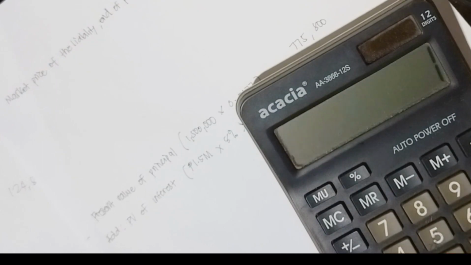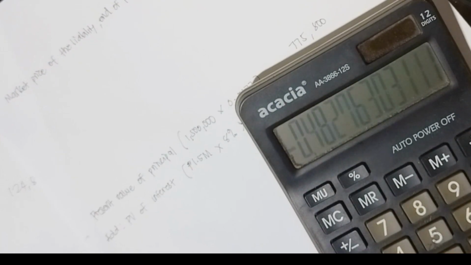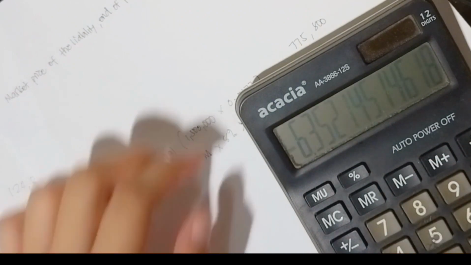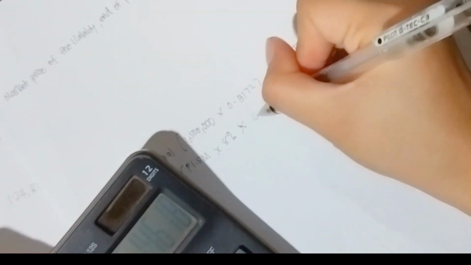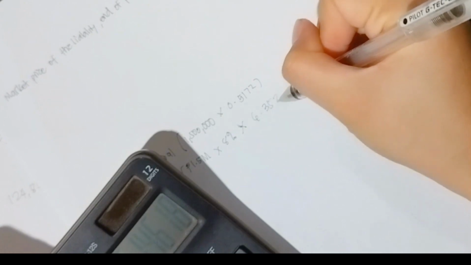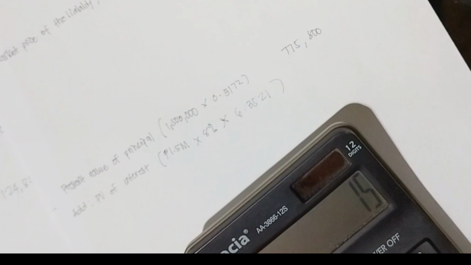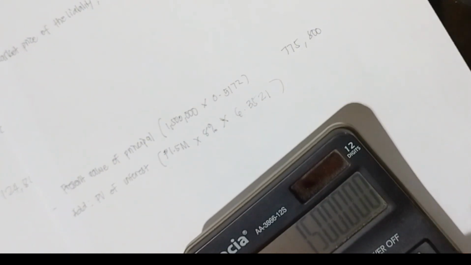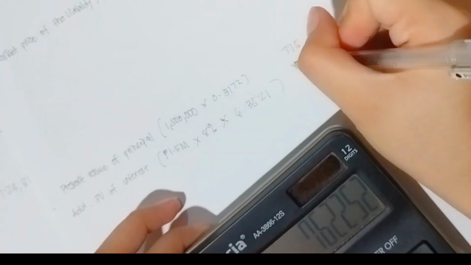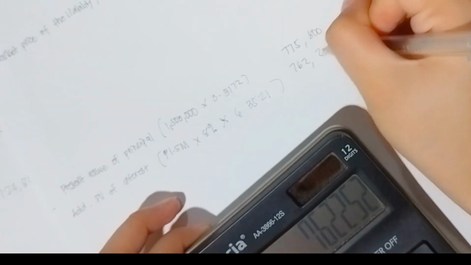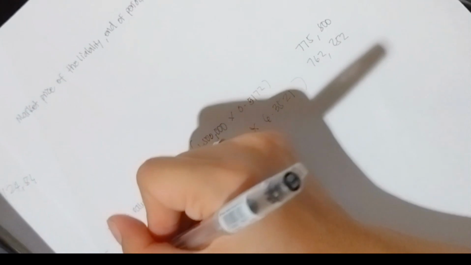Minus 1, divided by 0.076. We get 6.3521. So we multiply 1,500,000 times 8% times 6.3521, which is equal to 762,252.